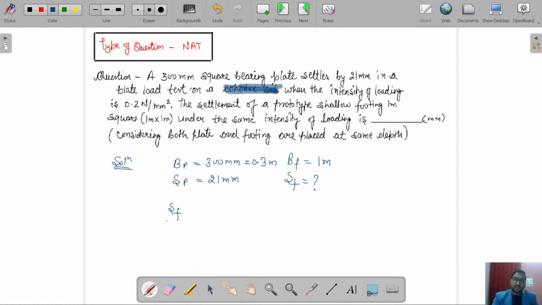Settlement of foundation by settlement of plate will be equal to width of foundation by width of plate. So if I calculate the settlement of foundation, it will be width of foundation, that is 1, upon width of plate, 0.3, multiplied by settlement of plate. We need the answer in mm, so we can put settlement of plate in mm only: 21.